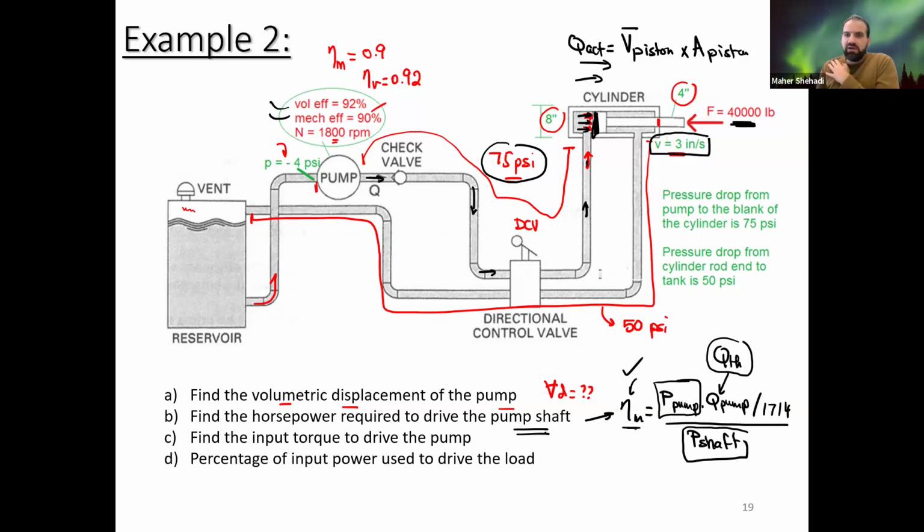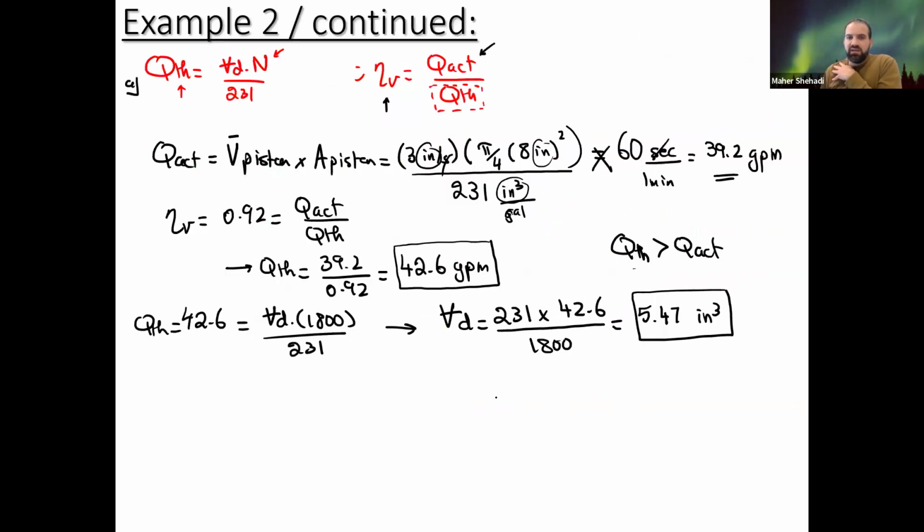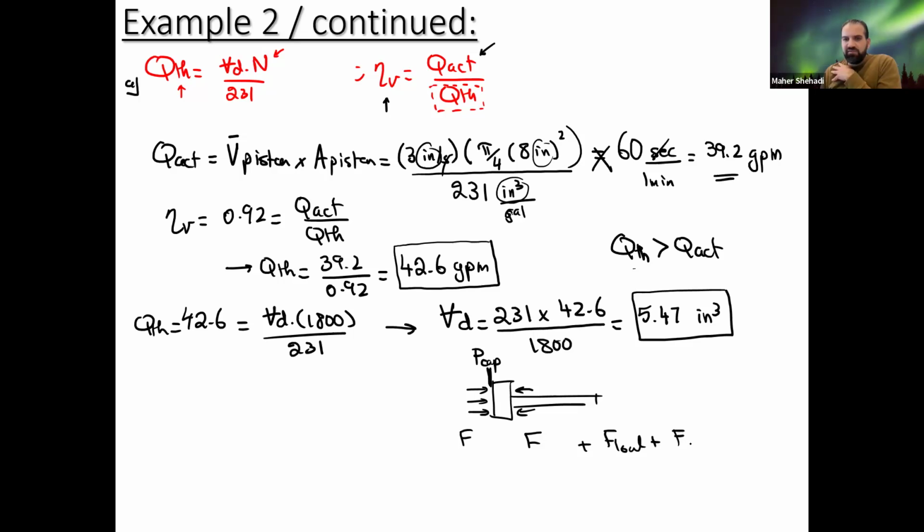So you have that pressure, and then it goes to here, and then we have to do the force balance here so that we can equalize between the left and right side so that I can calculate P at the cap. So F from here equals F here plus F load plus F friction if we have any friction. I don't believe we have any, but I can calculate P cap based on the pressure here and the pressure back to the tank. If we do that, then I should be able to trace that pressure all the way back to the pump. We will do it next time. So we'll stop right here.